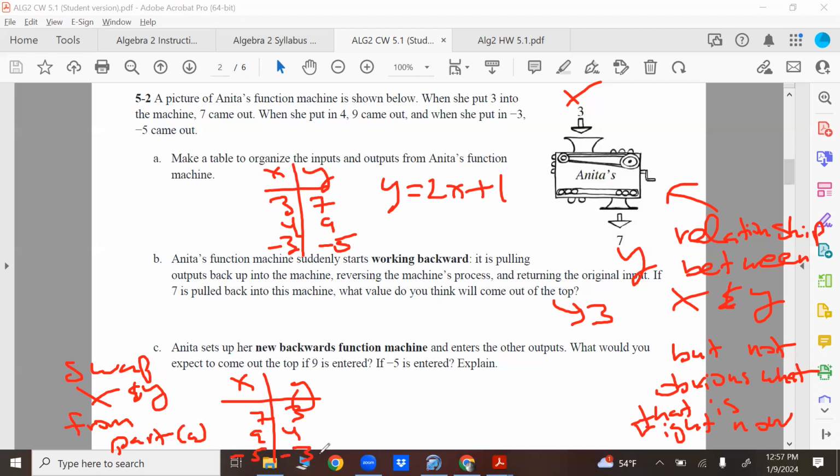Now this part's not going to be terribly obvious. Do you guys know what the equation would be for this new table after you switch x and y? What do you think the slope is going to be? The new slope.